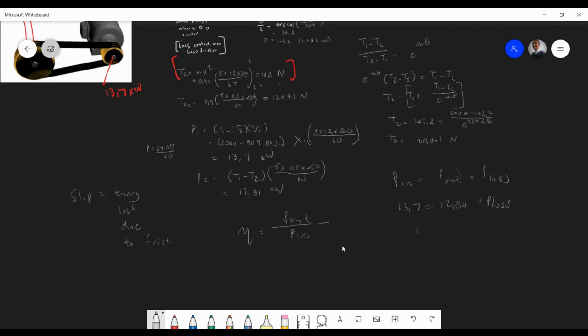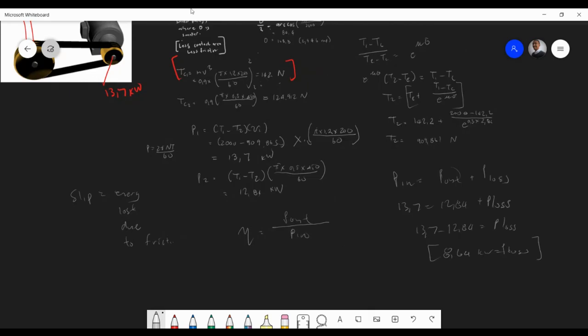You'll see this similar concept in electrotech when we get there. If you get your P loss, you should get 8.64 kilowatts, I think. That's your power loss to friction. P loss is power loss to friction.